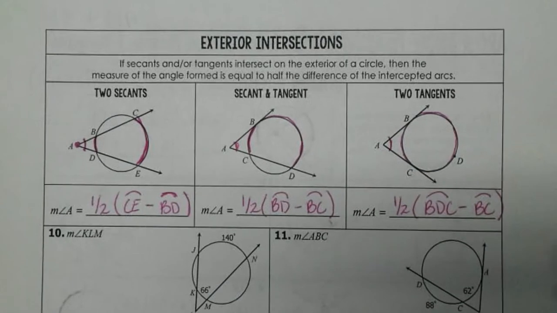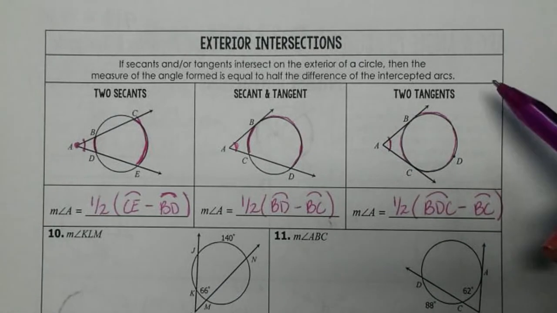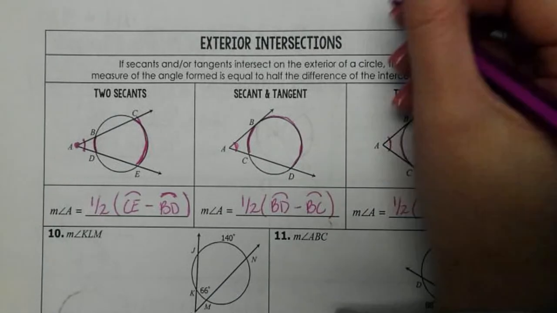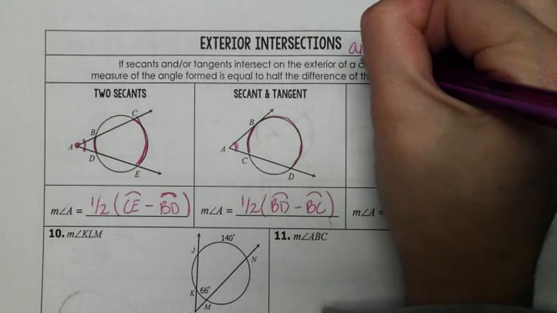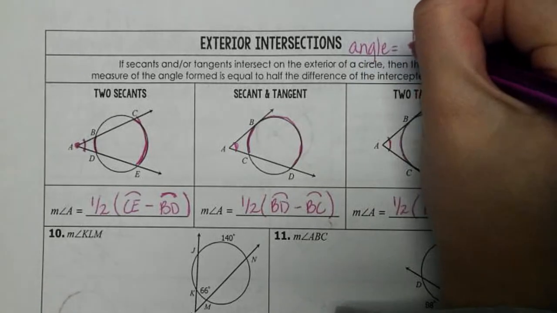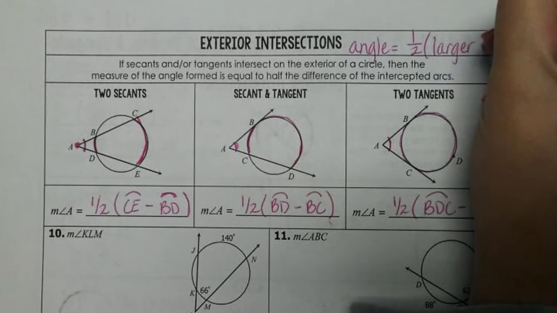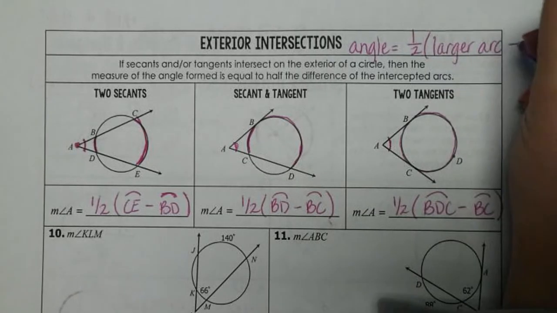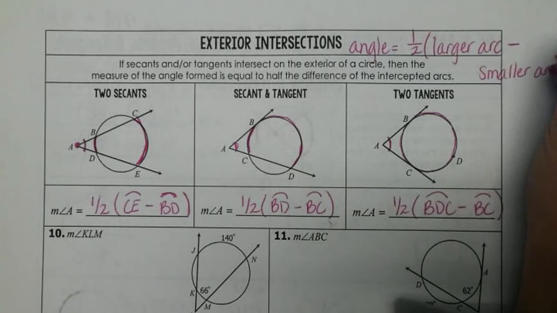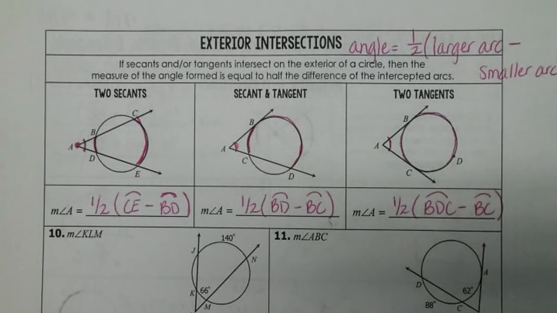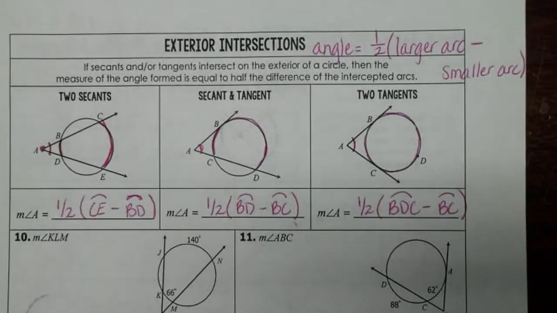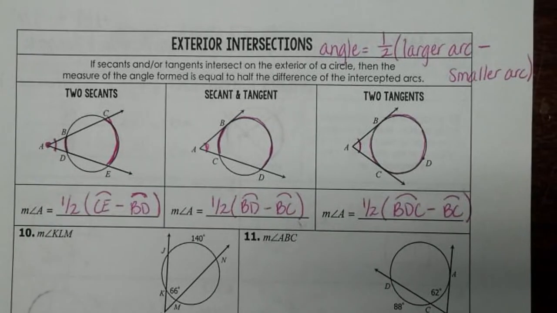So just as a general rule on this, I like to write the angle equals 1/2 of the larger arc minus the smaller arc. Okay, that's the rule for the exterior intersections. So we're going to look at a couple examples of these. These aren't too bad.